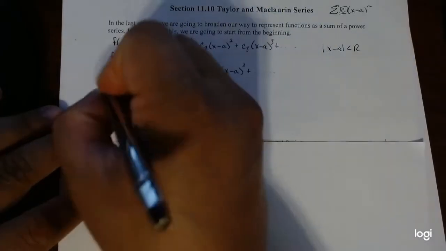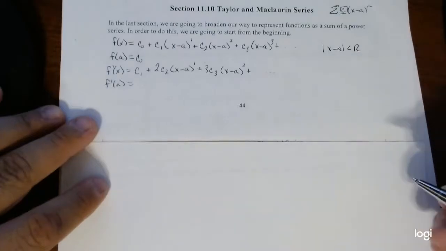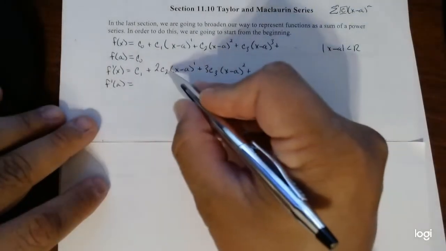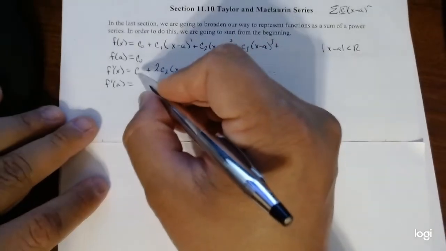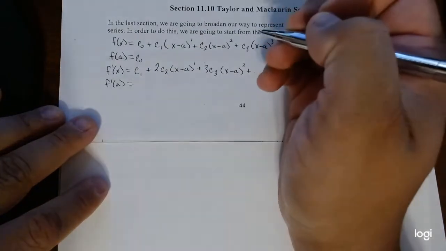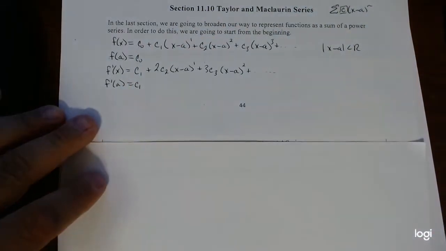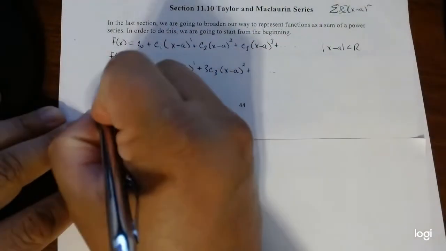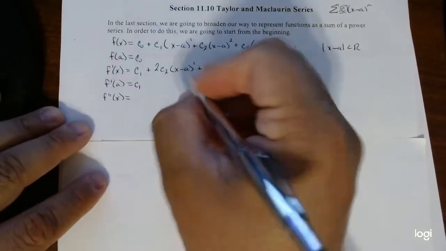Again, if I plug in a in the derivative now, all of this goes away, and we get exactly c1. If we keep the same pattern, take the second derivative. That goes away.